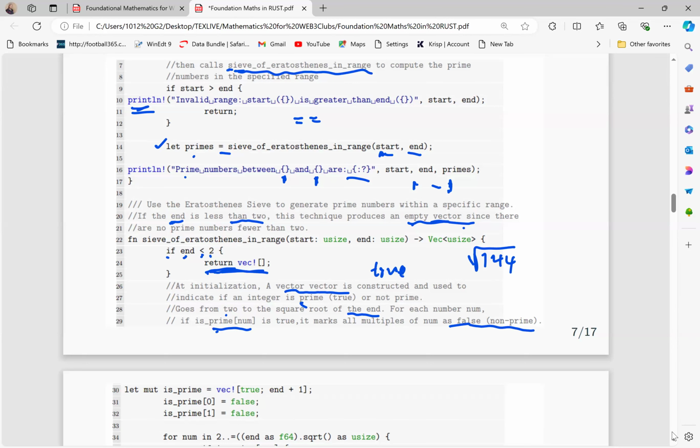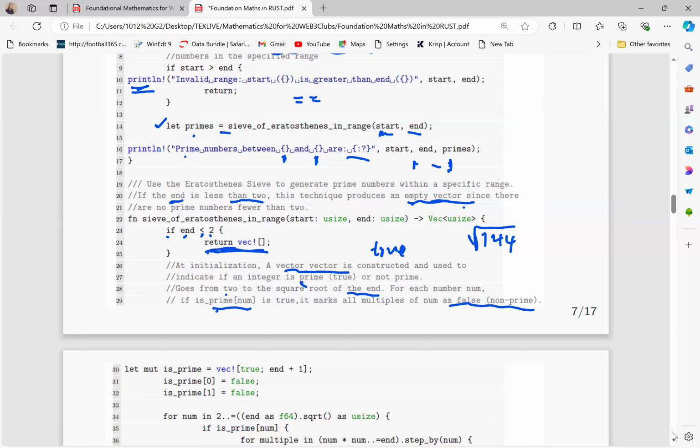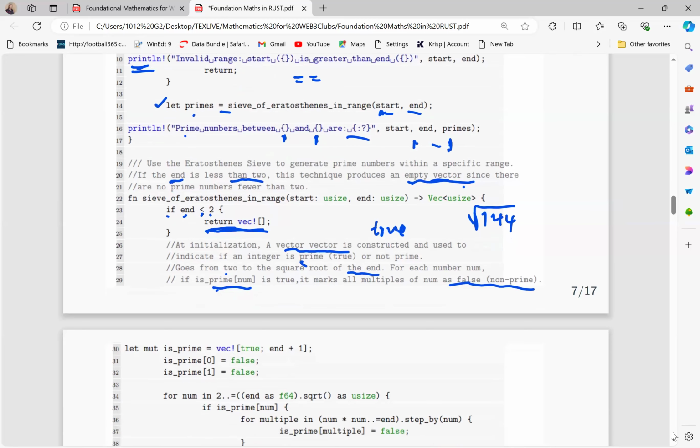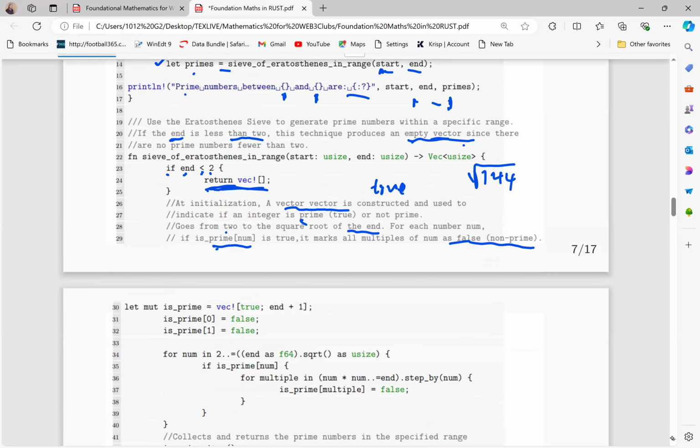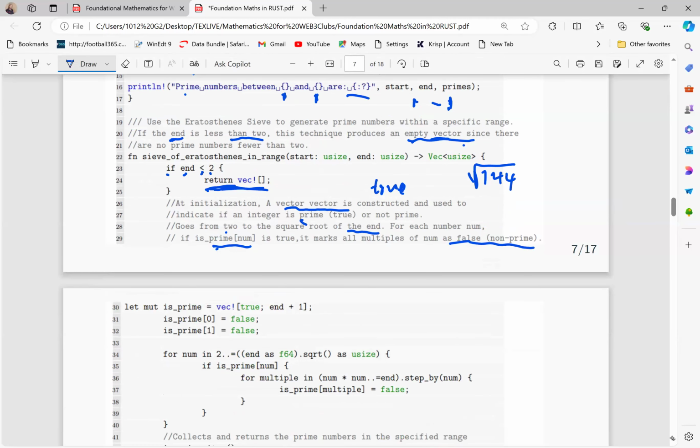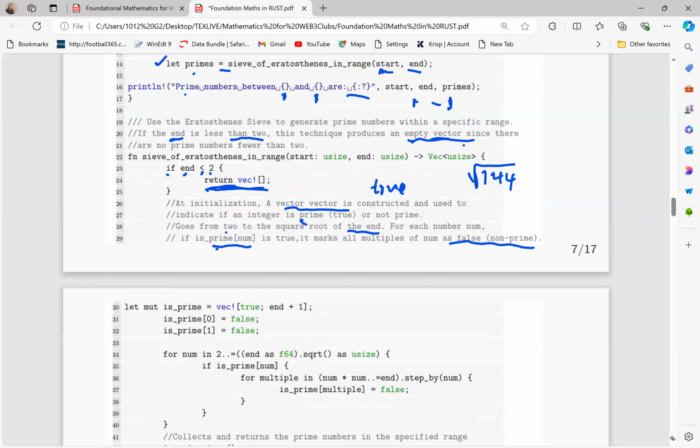That is what that vector I mentioned at the beginning is doing. For instance, 0 is not a prime number, so it will mark it false. 1 is not a prime number, it will mark it false.